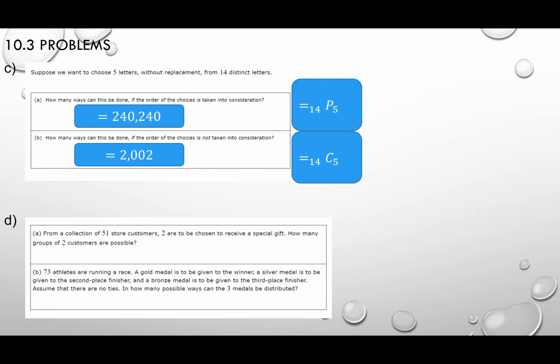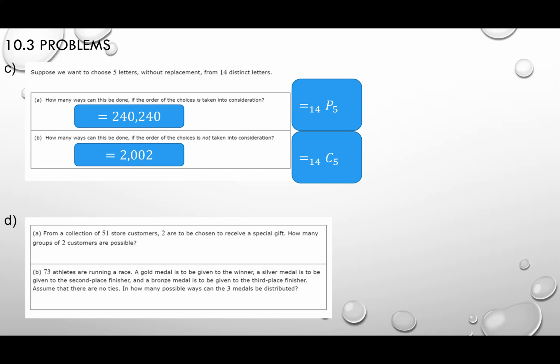How many groups of 2 customers are possible? Okay. And B, they say 73 athletes are running a race. A gold medal to give to the winner, a silver to second place, the bronze to third place finish. Assume that there are no ties. In how many ways can 3 medals be distributed?